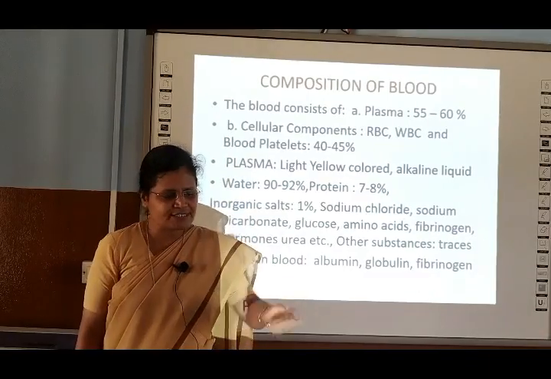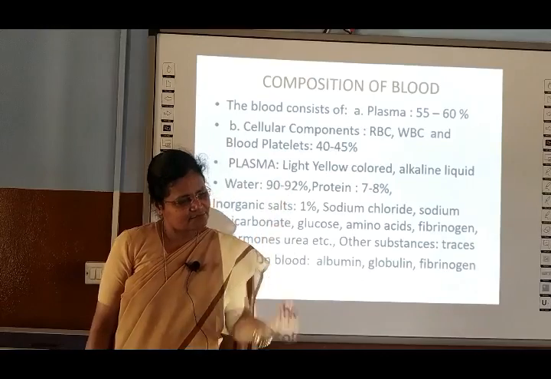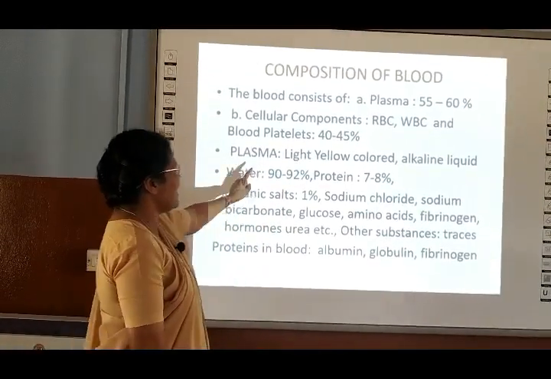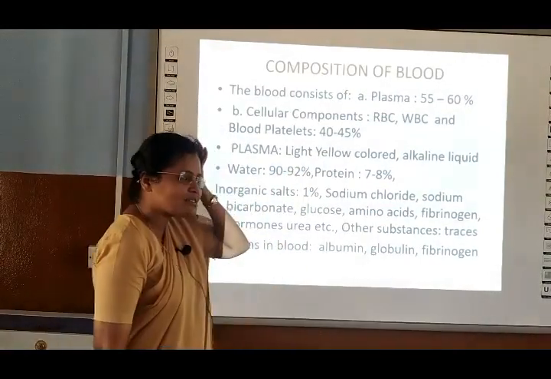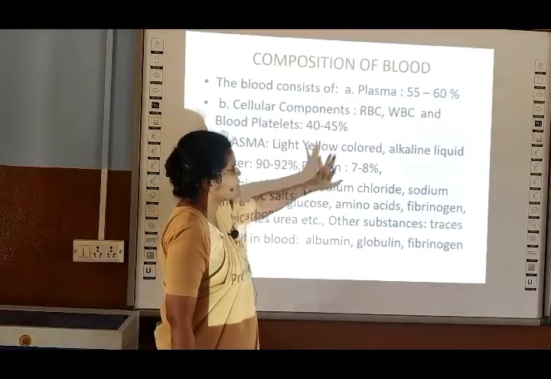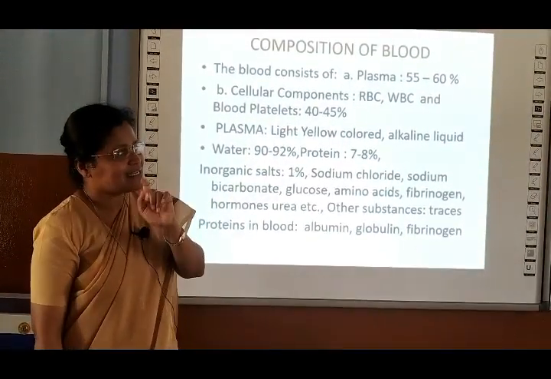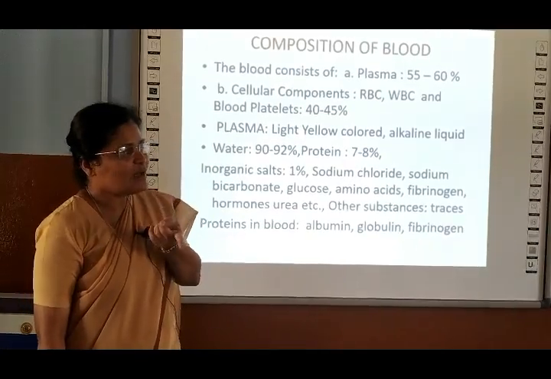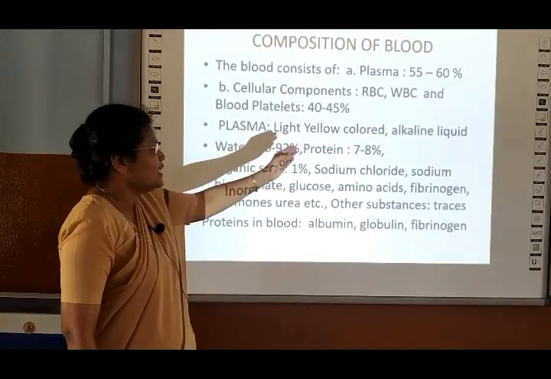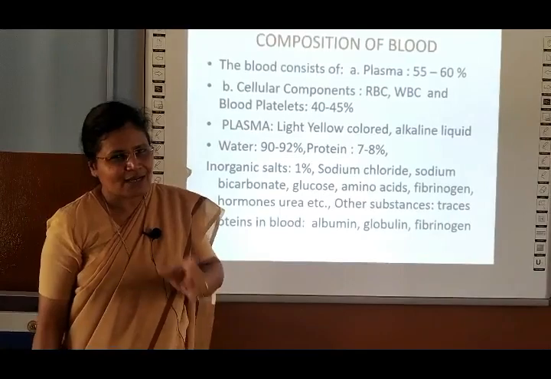After harvesting paddy, when the paddy gets dried, you remove the paddy, and the rest of it when it is dry is called hay or straw. The color of hay or straw is light yellow. So the color of the plasma is light yellow and it is an alkaline liquid because the taste is salty. The pH value is 7.3 to 7.5. So that's the nature. Please remember children, it's yellow in color and alkaline.